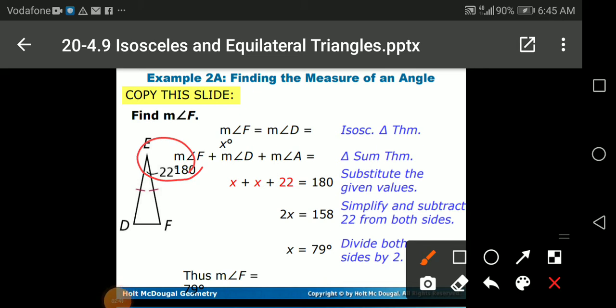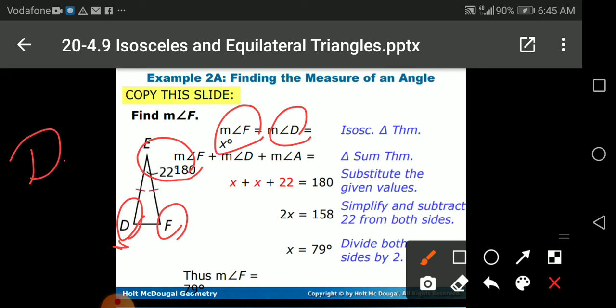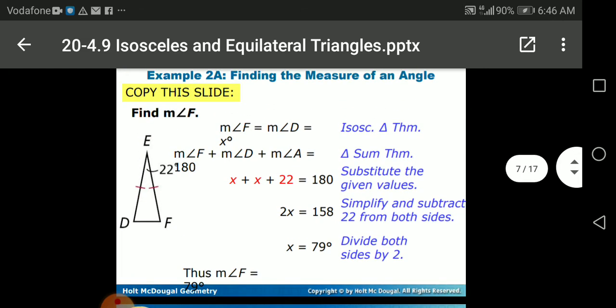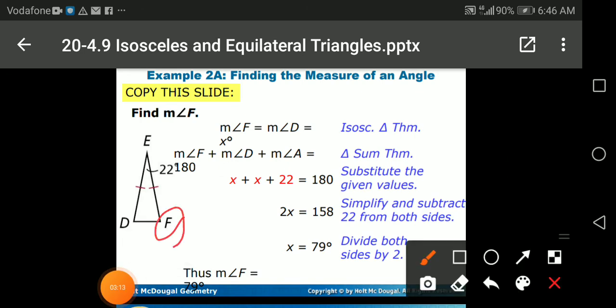So therefore I have the measure of angle F equal to the measure of angle D. Let D equal x. Then F will be the same x because they are congruent, right? So the sum of angle D and angle F gives me 2x.